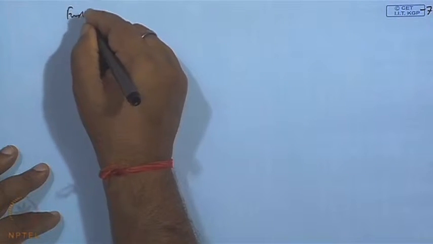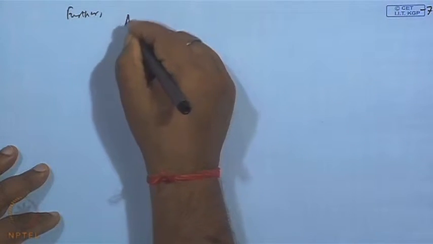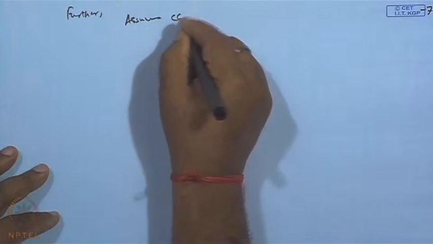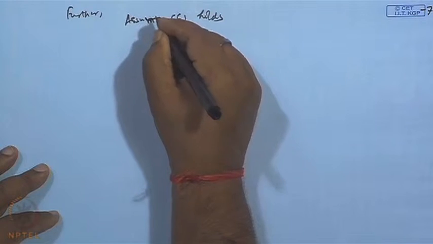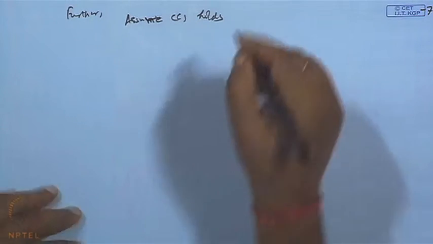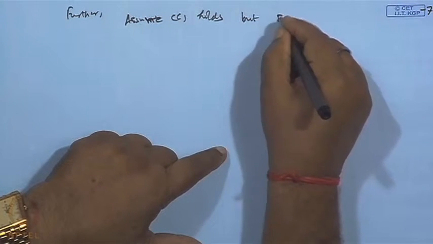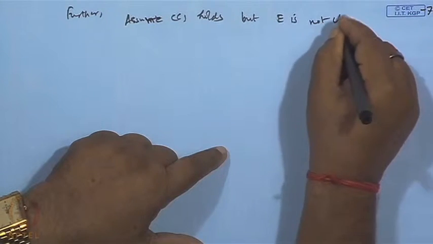Again, to show E is closed, suppose further we assume C holds, but E is not closed.